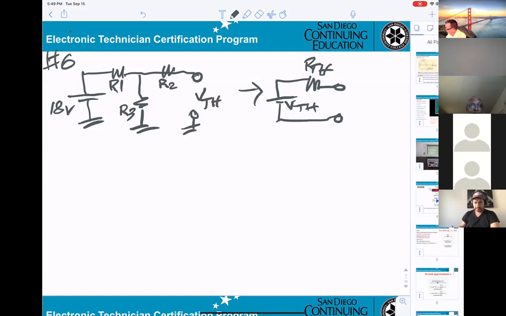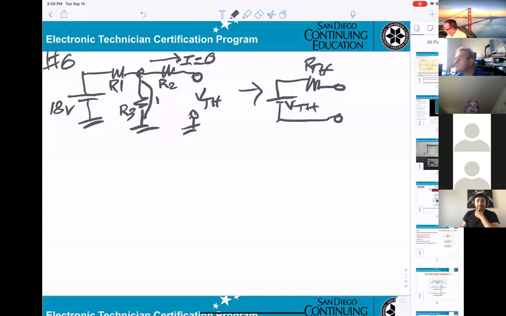Okay. When it's open, I know for sure the current flowing here, I, has to be 0. The voltage from here and here are the same. So the V Thevenin is basically right here.